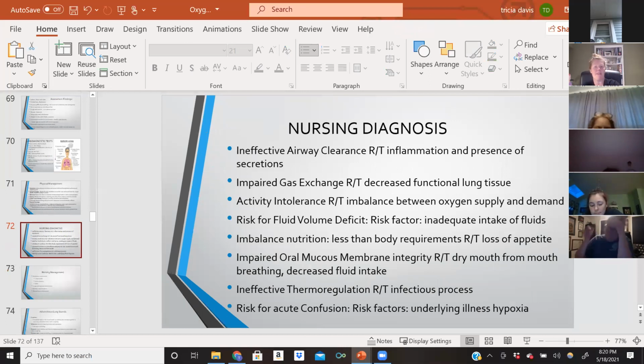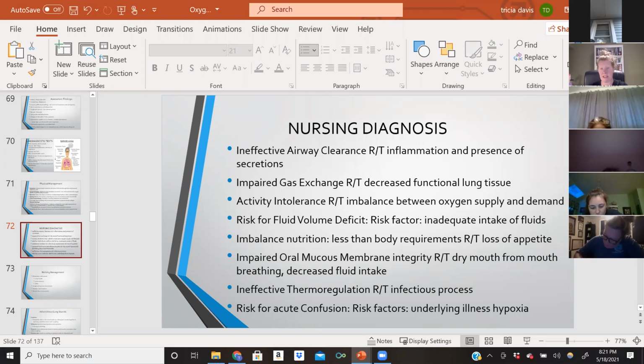Well, we might have ineffective airway clearance related to inflammation and the presence of secretions, impaired gas exchange related to decreased functional lung tissue, activity intolerance related to that imbalance between the oxygen supply and demand, risk for fluid volume deficit because of the inadequate intake of fluids, imbalanced nutrition, less than body requirements related to the loss of appetite, impaired oral mucous membrane because they're going to have dry mouth, because they're going to be mouth breathing. They might be congested and they might not be able to breathe through their nose.